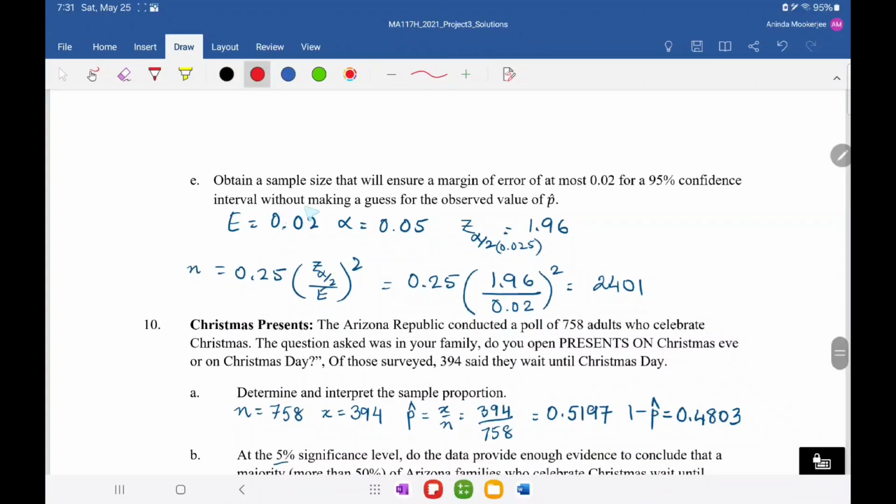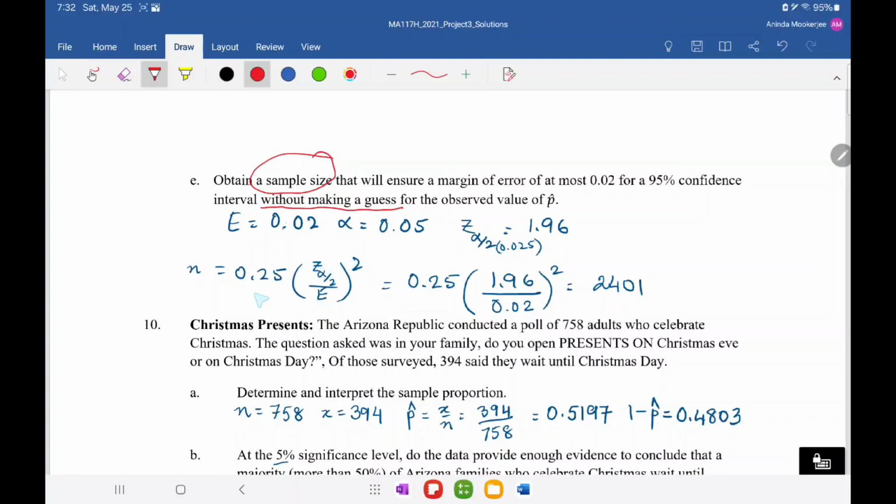Now this one says obtain a sample size that will ensure a margin of error of at most 0.02 for a 95% confidence interval without making a guess for the observed value of P hat. So here you have to find N, and if you recall, and also in the formula sheet, there are two formulas for finding the sample size on proportions. One is without making a guess, and the other is with a guesstimated proportion. This question specifically says without making a guess, so please use the formula for without making a guess.